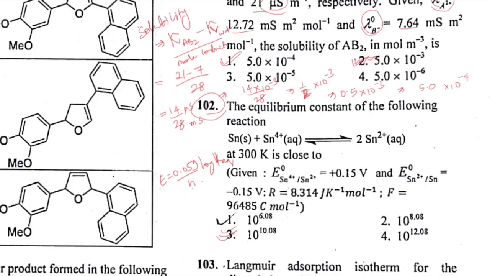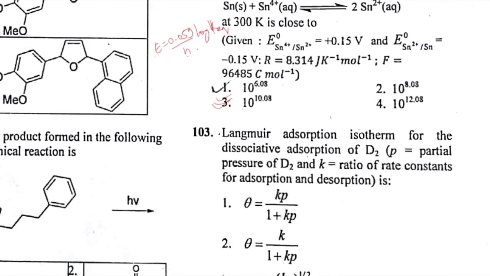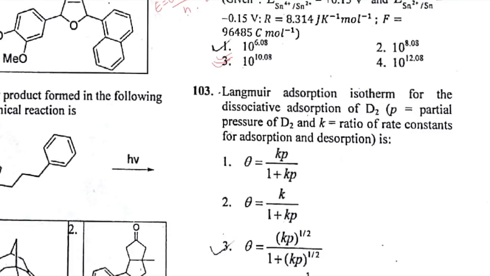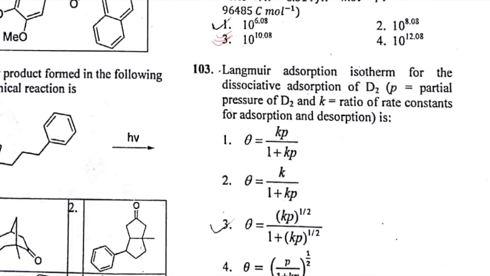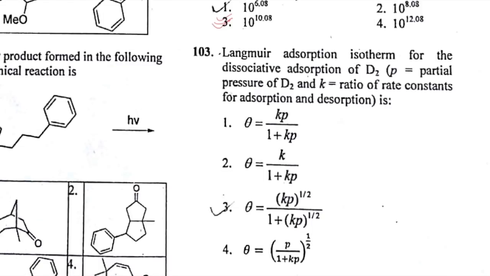Now this question was straight from my special class, or from one of my classes. About 1 week before the exam I posted a video on surface chemistry, and this is the thing I always emphasized in that video: whenever you have dissociative or associative adsorption, only in that case will this power change.